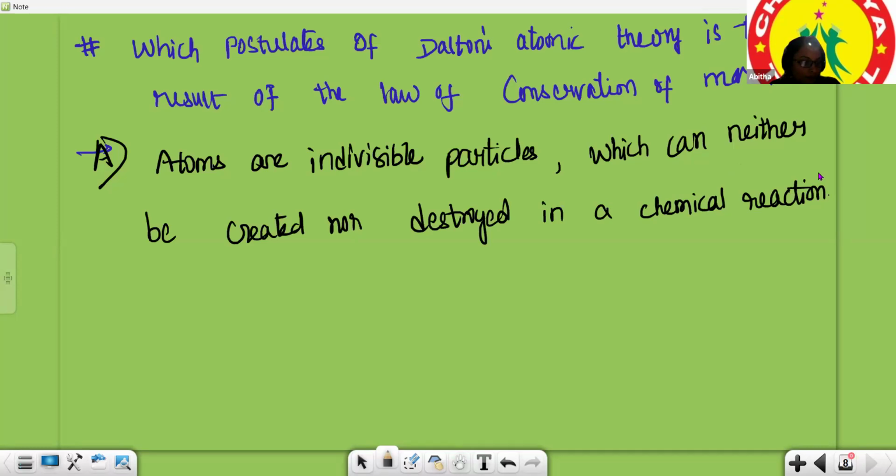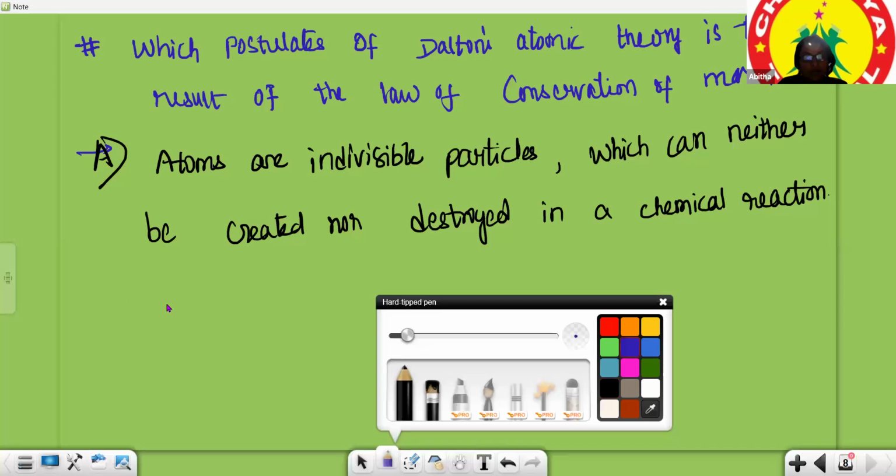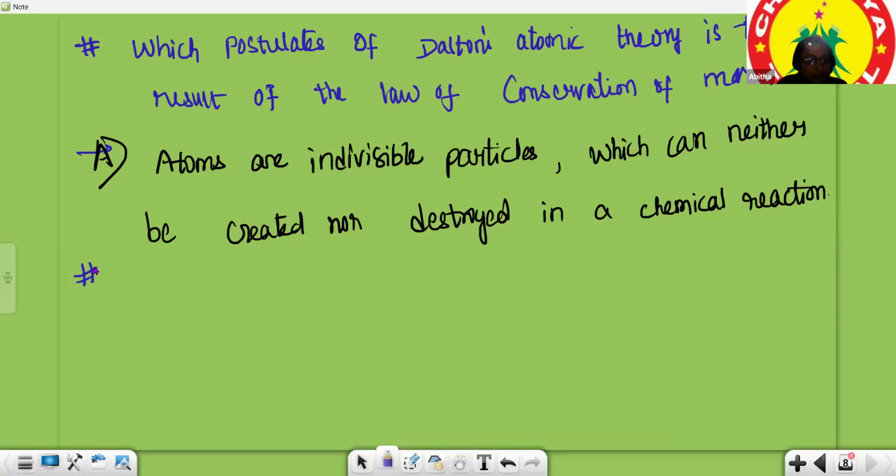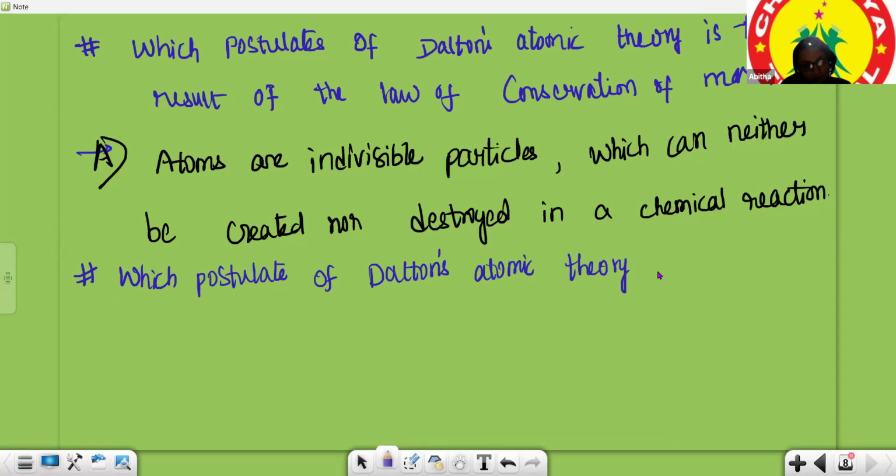Okay. Next question: which postulate of Dalton's atomic theory can explain the law of definite proportions?